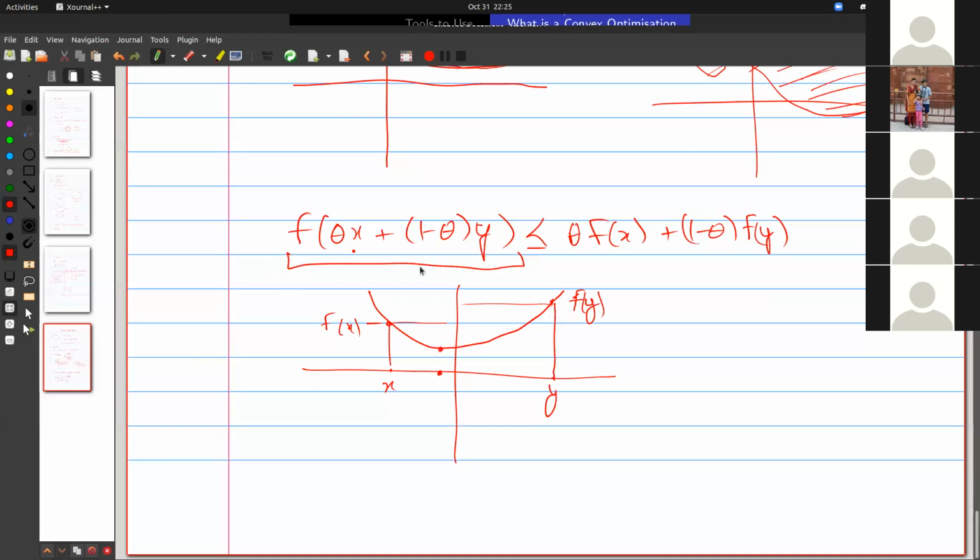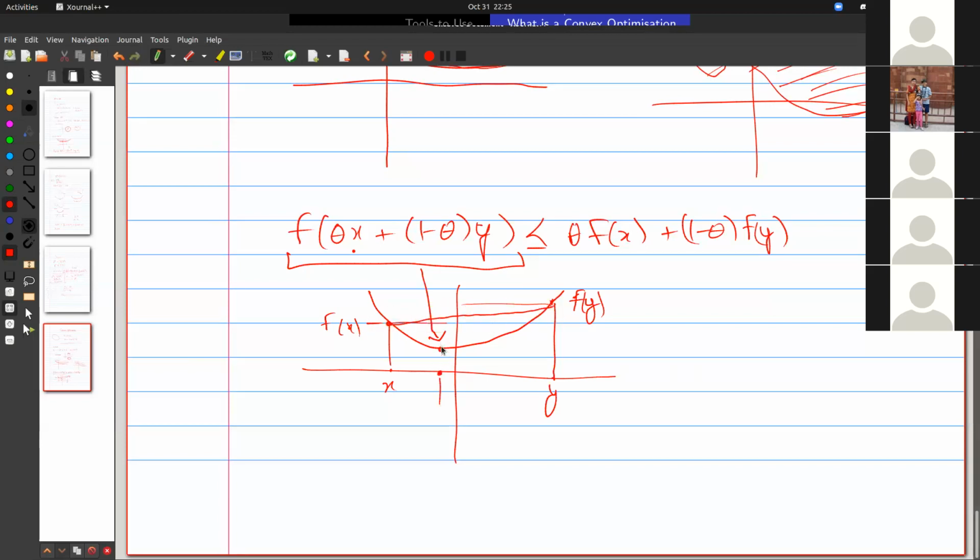This value is this and would be lesser than the value on this line segment corresponding to this value.